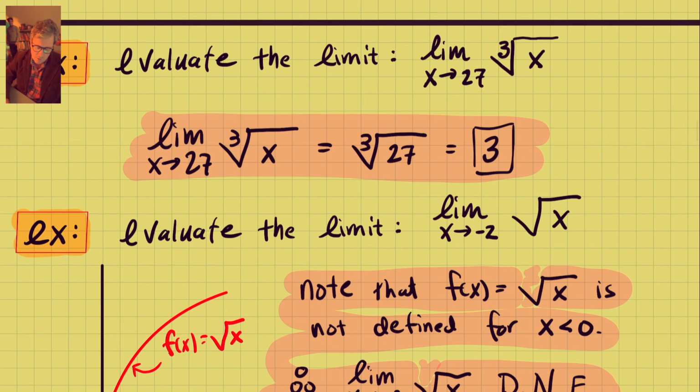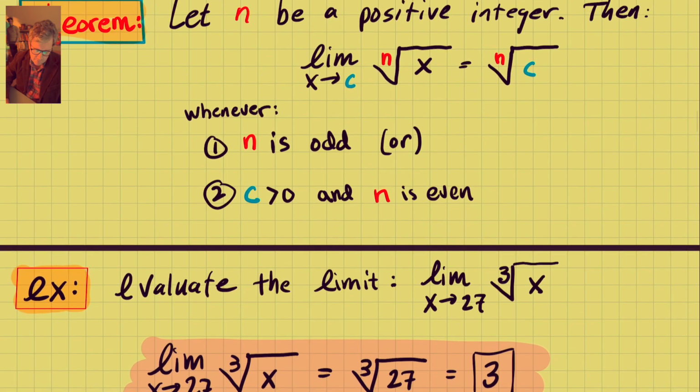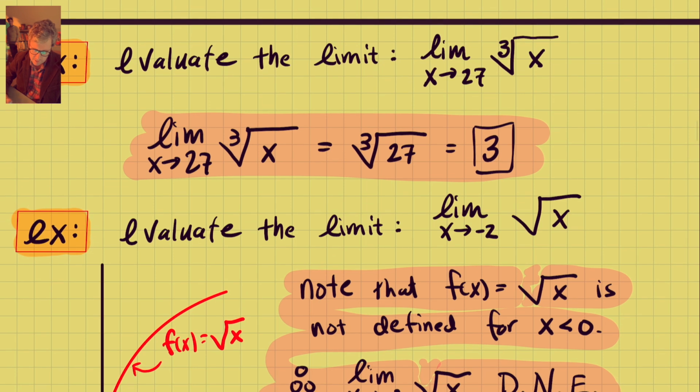The theorem up above said that if n is even, then c needs to be greater than or equal to 0. In this case, n is even, but c is less than 0, and so I have a problem. I can't apply the theorem, can I? No.